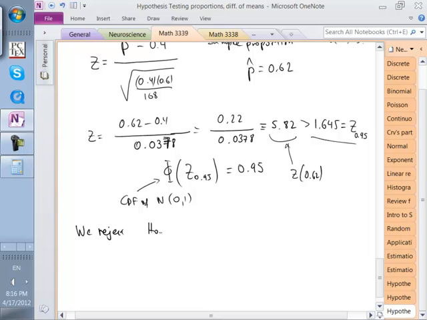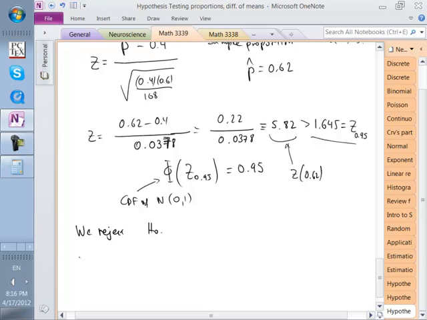So the conclusion would be, the data support that more than 40% of the students believe in love at first sight. And that happens with confidence 95%.